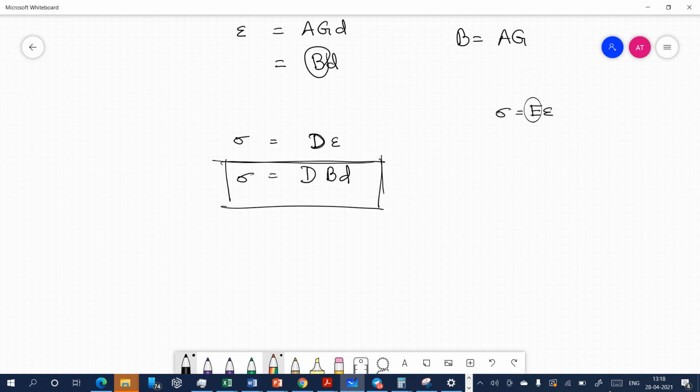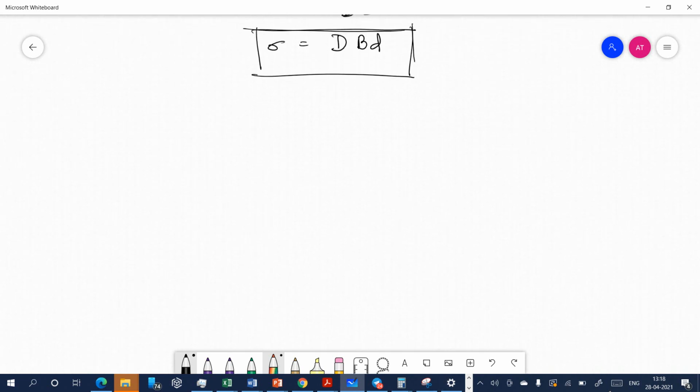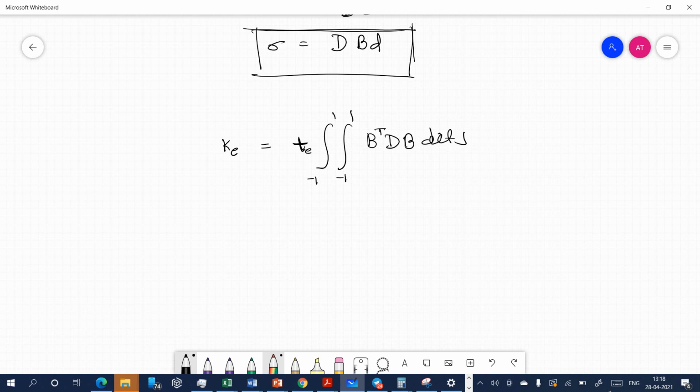And how do we calculate the stiffness matrix? That we have already discussed. So in 2 dimensions we will have the thickness of the element, then we will have local integration of B transpose D matrix B matrix into determinant of Jacobian into d zeta d eta.